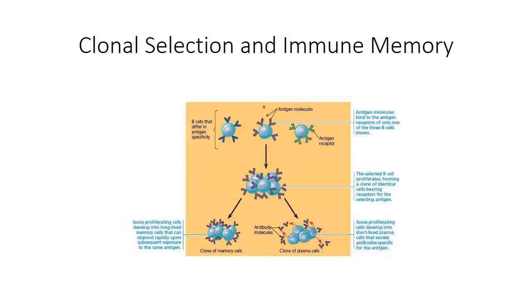So when you're vaccinated, your immune system responds to the vaccine. You don't usually notice this primary response. Sometimes you do. You see reddening and some inflammatory reaction, but usually you don't even notice it. And one part of response to the vaccine is forming of the clones of memory cells.